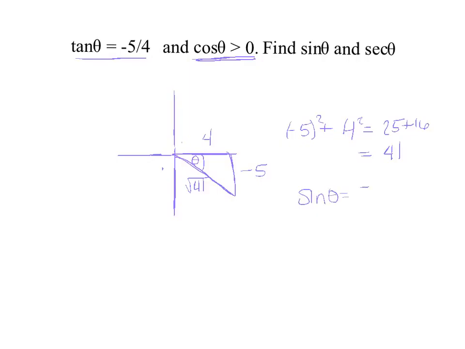Sine is opposite over hypotenuse. If we multiply top and bottom by the square root of 41, we get negative 5 root 41 over 41. And then secant is going to be the hypotenuse over the adjacent. We don't have any rationalizing to do because the square root's on the top. So there's our answer for that one.